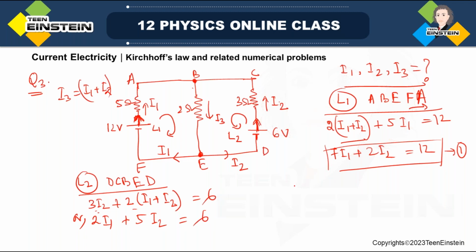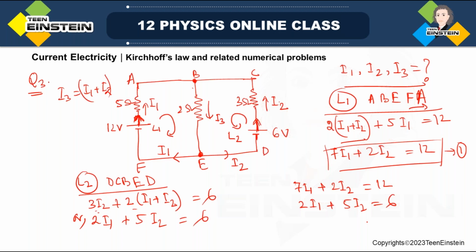So I have got two equations. You look here, 7I1 plus 2I2, that is 12. Then again here it is 2I1 plus 5I2 will be 6. So we have to solve this equation.